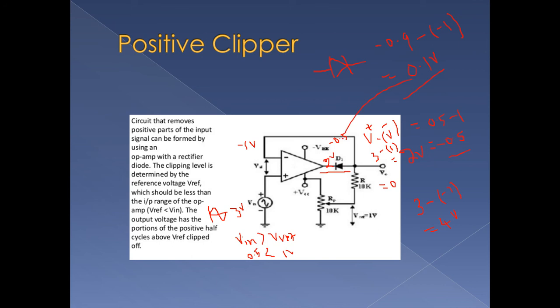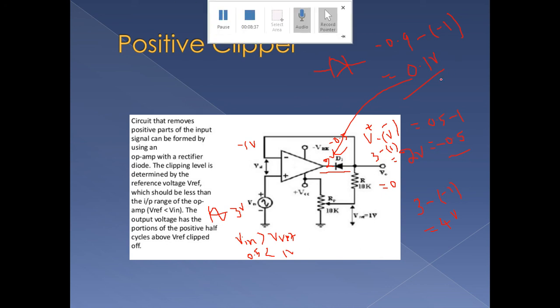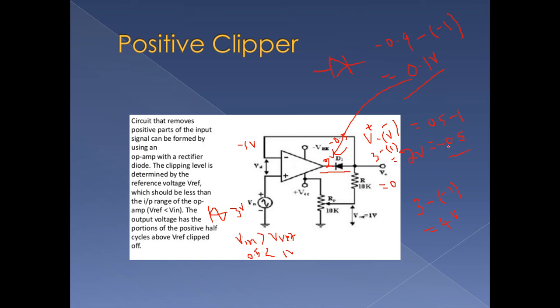It is a positive supply I am getting in the output side. So here also I won't get any output because my output is positive. Here also Vin is greater than Vreference.